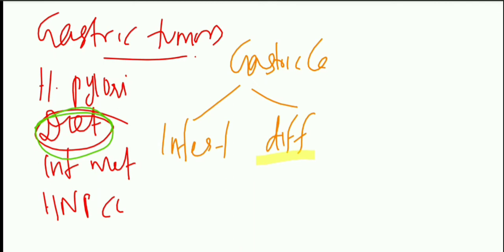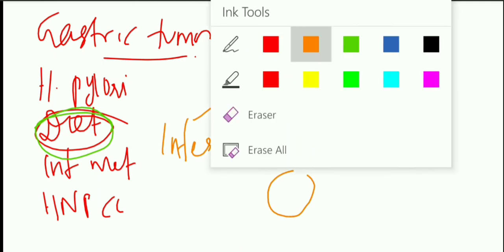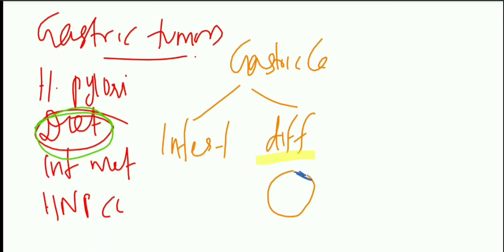cells. They are diffusely arranged, and when you look at each cell, they have a signet ring appearance. There will be mucin inside that, which will push the nucleus to the periphery, and that is why it has this appearance of signet ring. So this is associated with which mutation?